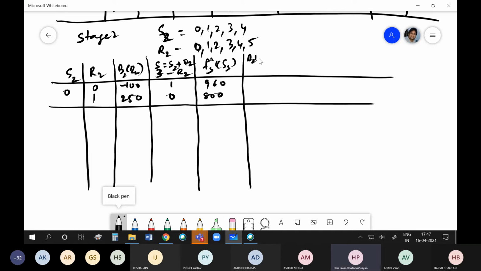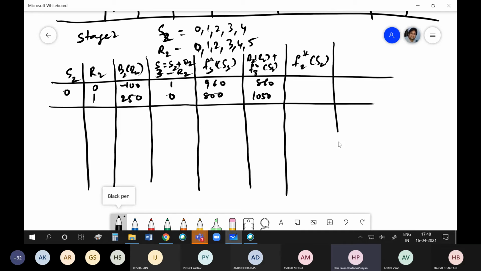This will be B2 of R2 plus F3 star of S3. So you get a total of 860 and 1050. So I have F2 star of S2, which is the maximum of this, 1050, and R2 star will be 1.